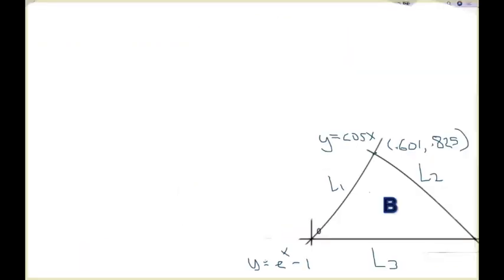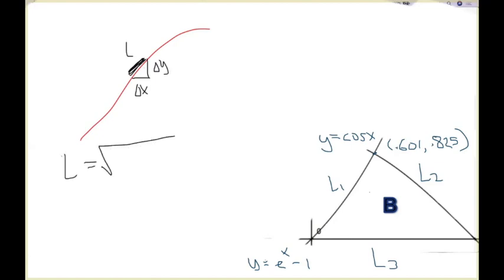Again, where it comes from, the curve length: you have a curve, and you're looking at a particular point on the curve. What you want to consider is this length. We've got a delta x and a delta y. It all comes from the Pythagorean theorem. L is the square root of delta x squared plus delta y squared. Then you multiply by the square root of delta x squared over delta x squared.